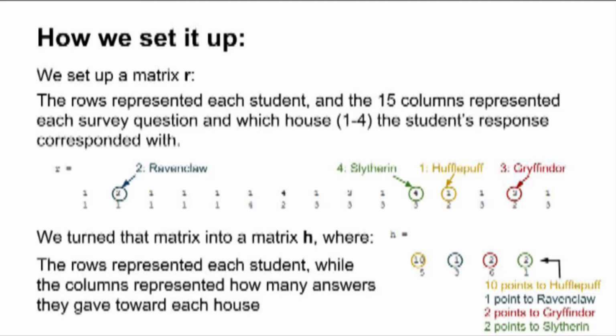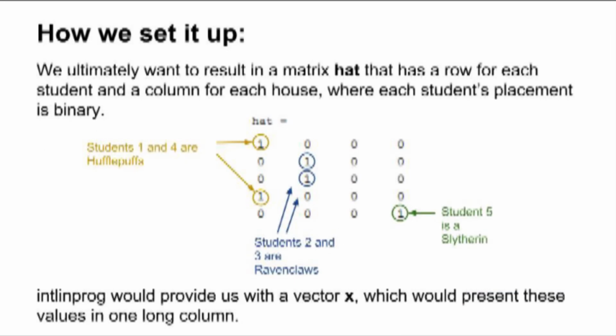We use this information to make up the matrix H, where the rows represent each student and the columns represent how many answers they gave towards each house. Okay, so at the end our solution would be a matrix H-hat, with each row representing a student, and with 4 columns, 1 for each house, showing which house each student was sorted into.